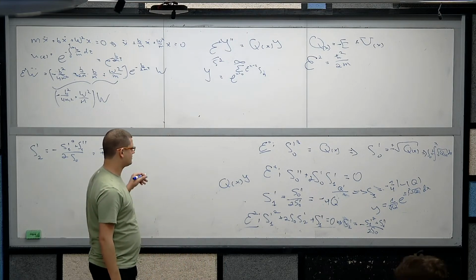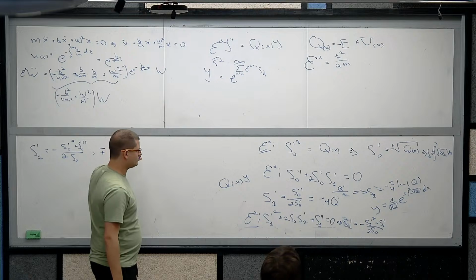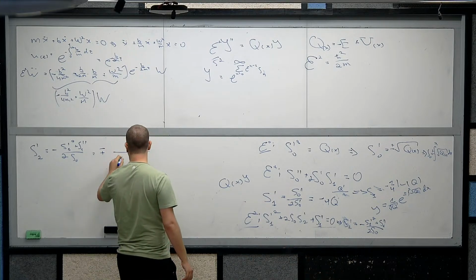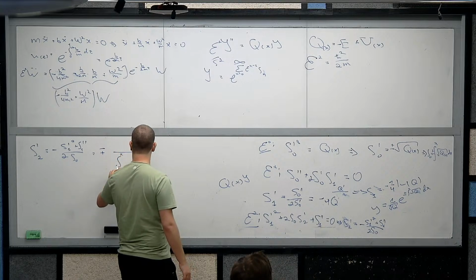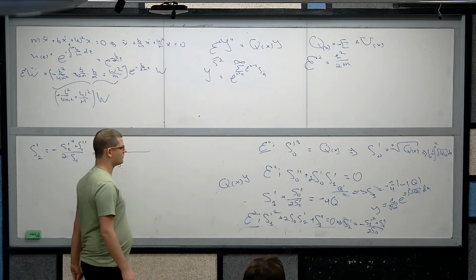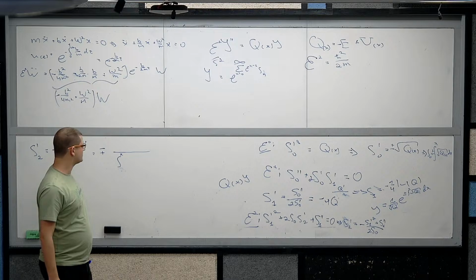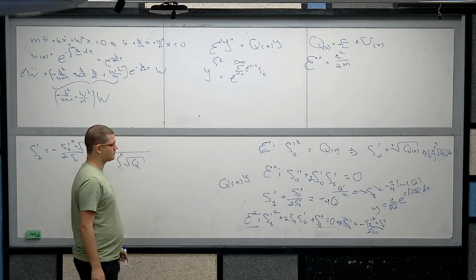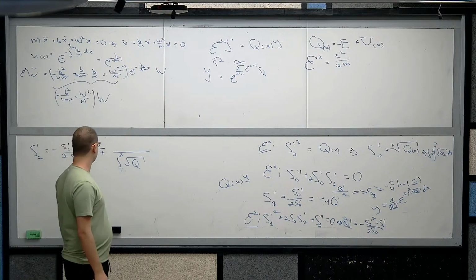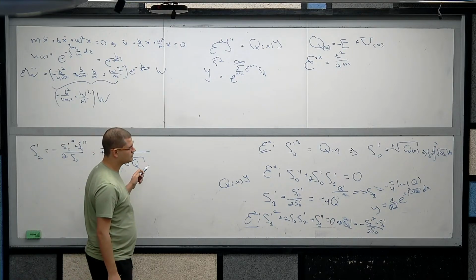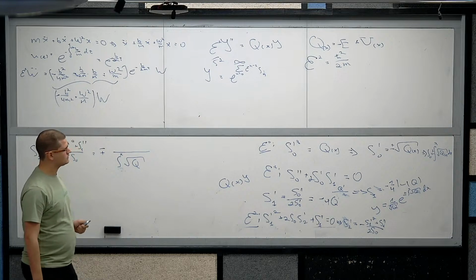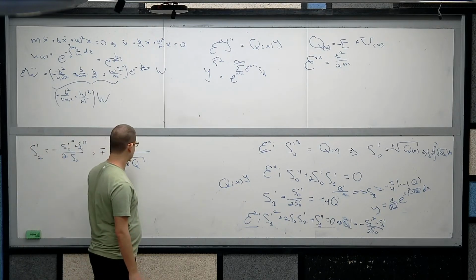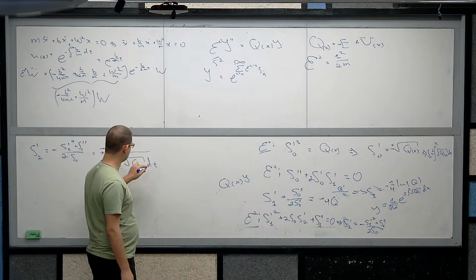minus plus because there is already minus, and in the numerator there will be integral 0 to x of square root of q dt, right?